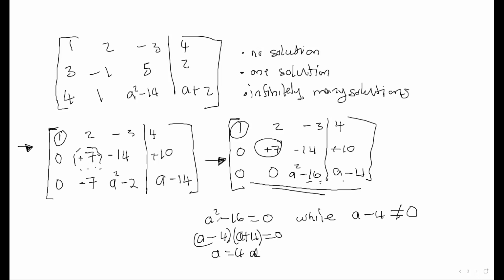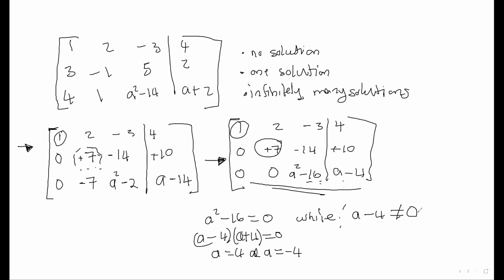Or, so we need to solve this first before we can come here. And then a is equal to minus 4. And then we've got two a's now. We need to figure out which one will make this thing not equal to 0. But this needs to be true. So if we take a is equal to 4, and then we say 4 minus 4, what are we going to get?